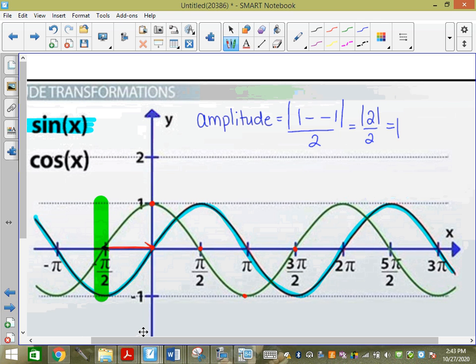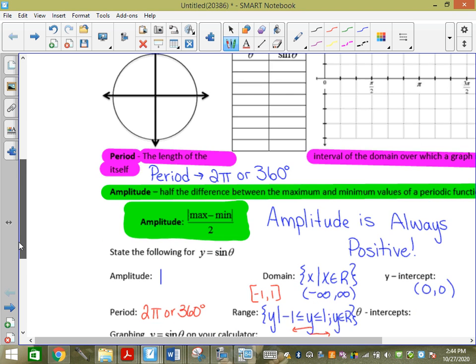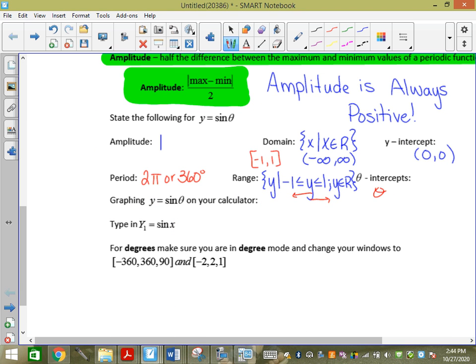Pi, 2 pi, 3 pi, every what? Every 180, every pi. So we can write it out like this: theta equals pi, 2 pi, 3 pi, etc. Or we can write it as a general solution.